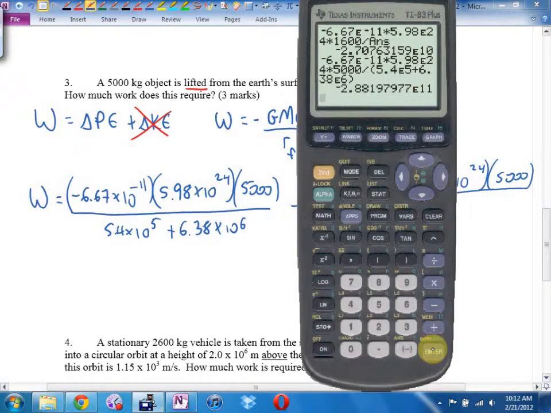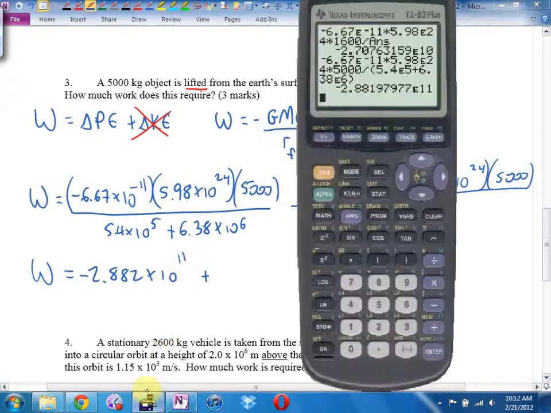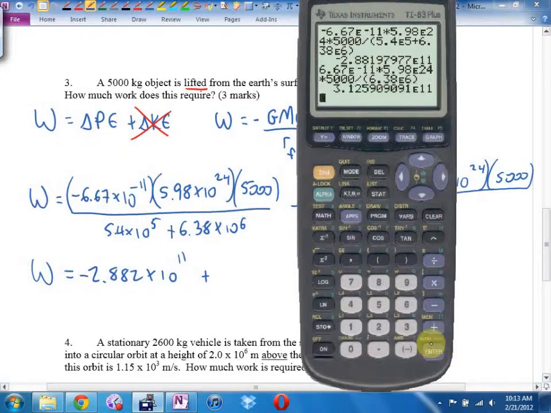My final potential energy is negative 2.882 times 10 to the 11th. And then I have a minus minus, which is a plus. And I'm going to get clever. I'm just going to delete the minus sign. And if I delete the altitude, I think that's the numbers that I had there. Enter. 3.126 times 10 to the 11th.